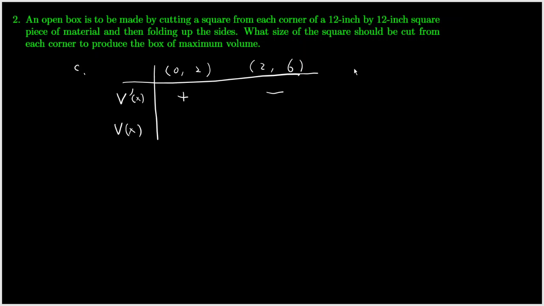We mentioned last time it's always possible to use the test numbers to determine the sign. If the derivative at any test number from 0 to 2 is positive, then the derivative is positive at any number from 0 to 2. You could use any number to check. Okay.